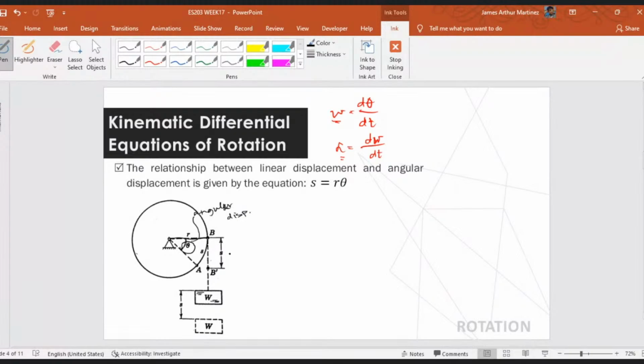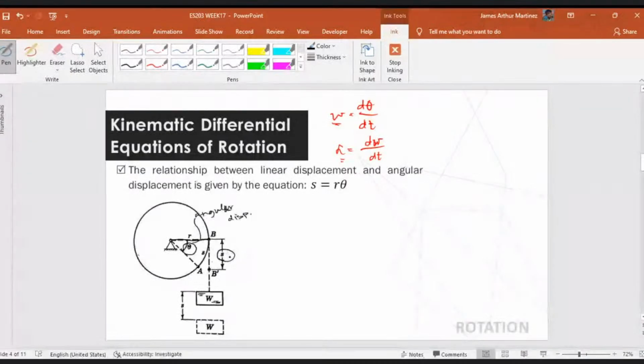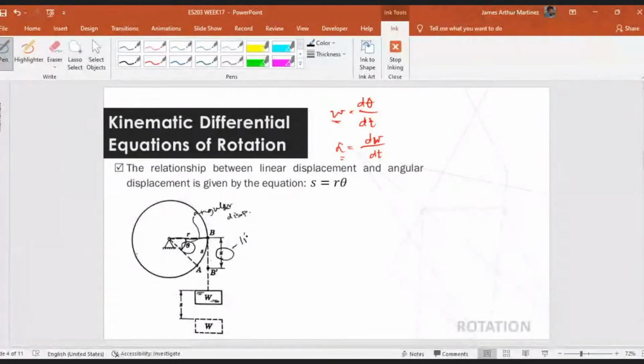And if atong i-measure ang iyahang vertical distance, or ang distance nga na-travel vertically, mao na ang ginatawag nga linear displacement.